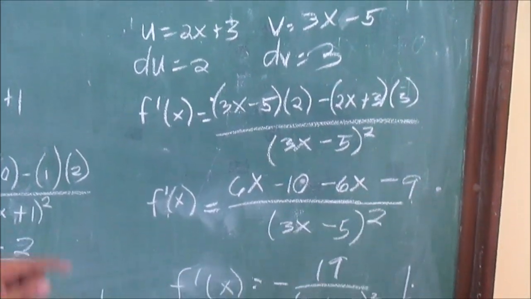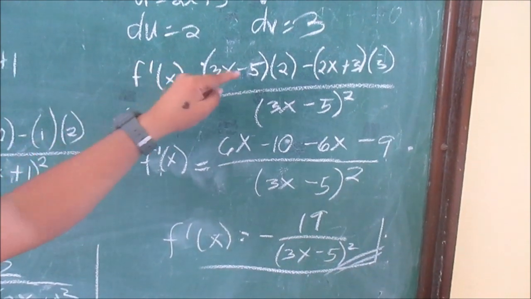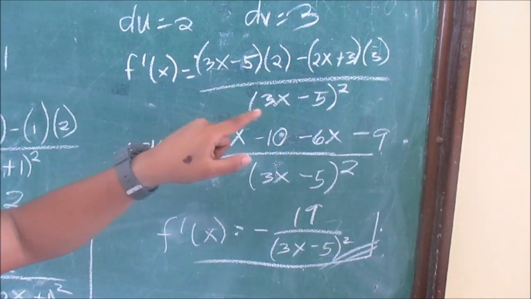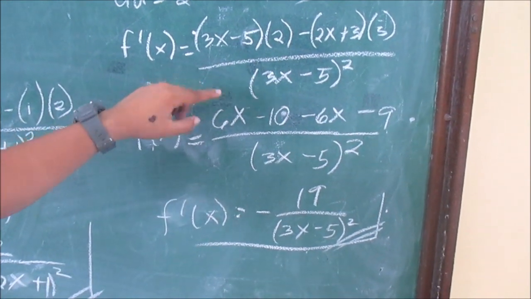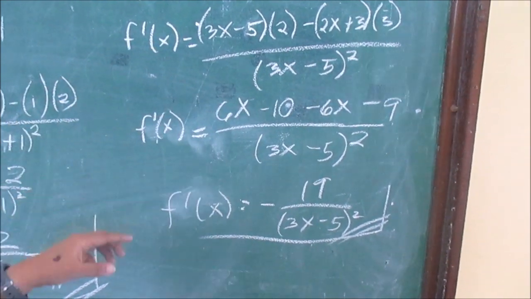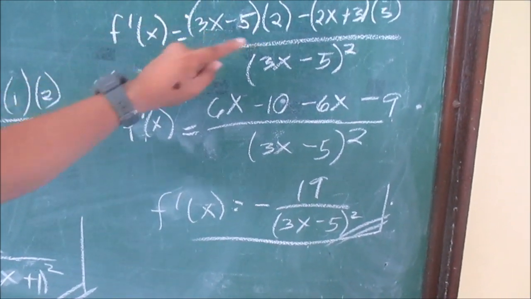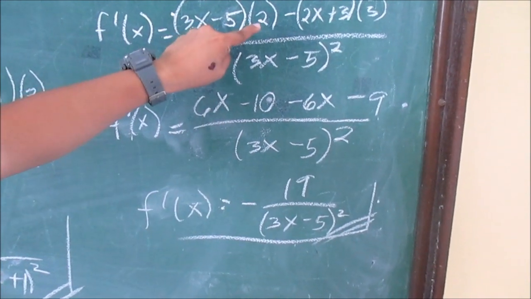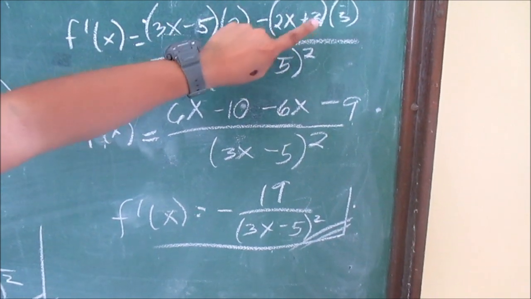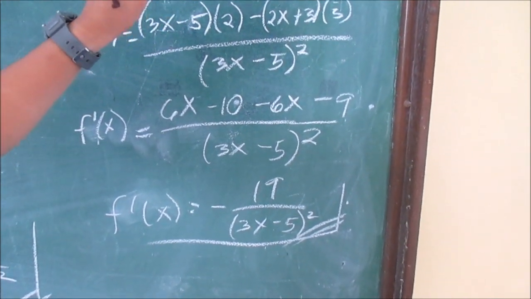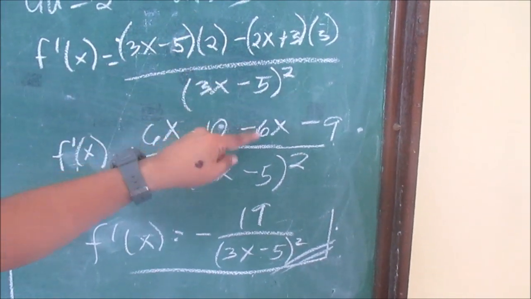So we must substitute f prime of x is equals to 3x minus 5 times 2 minus 2x plus 3 times 3 over 3x plus 5 squared. So when we multiply 3x and 2, we got 6x. And when we multiply negative 5 and 2, we got negative 10. And then here, we must multiply 3 and 2x, so we got 6x.